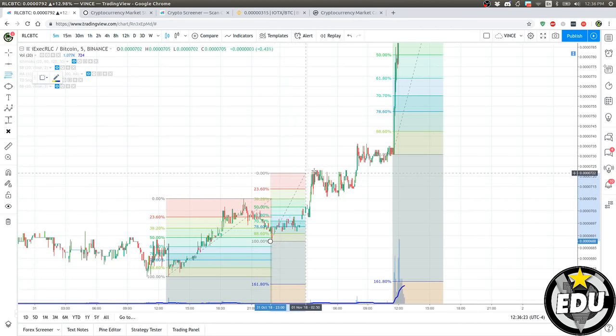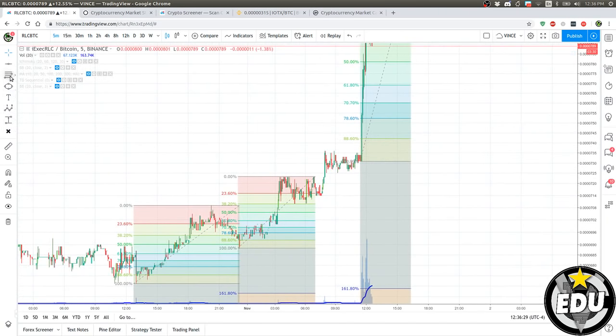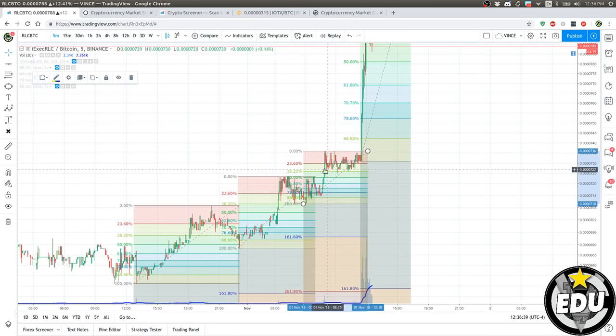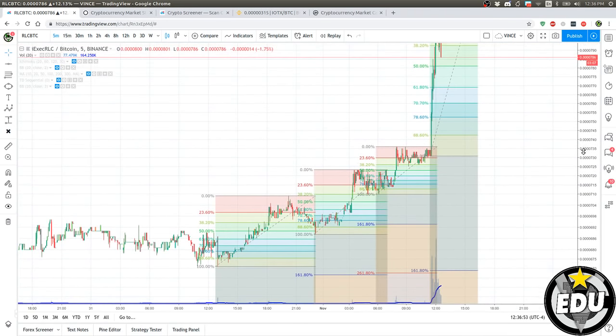This other one bounced on 38%, as you can see twice. And then this other one bounced on 38% again. Look how many times it bounced here, right? So this is an example of different bounces, 50%, 38%, and the coin is in an uptrend.